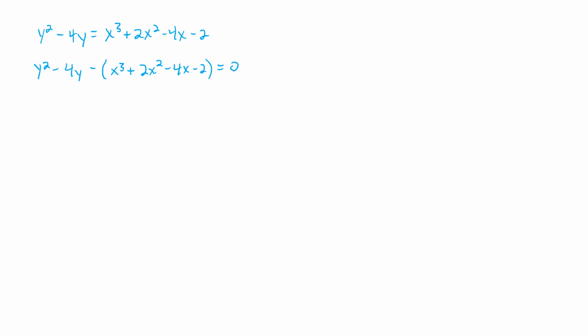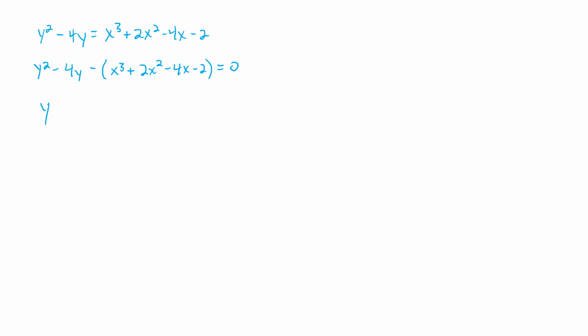So this is kind of written in quadratic form where we have y squared plus by plus c, our constant. So we're going to make the x terms on the right hand side our constant in our quadratic. And now we're going to use the quadratic formula to help us find the solution for y so that we can write it in explicit form. We know our quadratic formula.